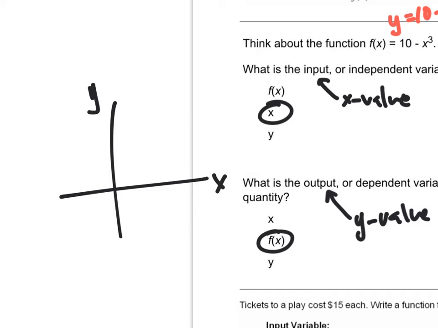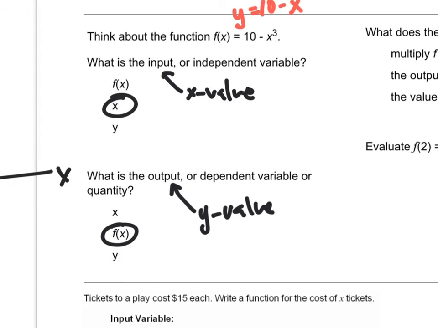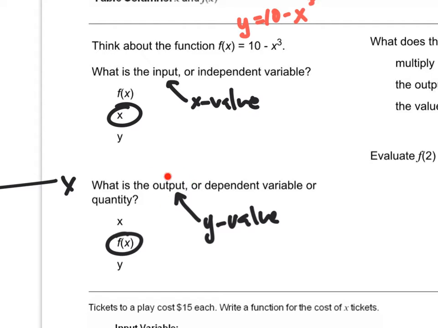Like if you had a height versus time graph, this is t and this is h. All of a sudden everything's changed. The only thing that's changed is just what you call them. You have to understand what these words mean. You have to know what output means. Output in your head is just going, oh, that's a y value.